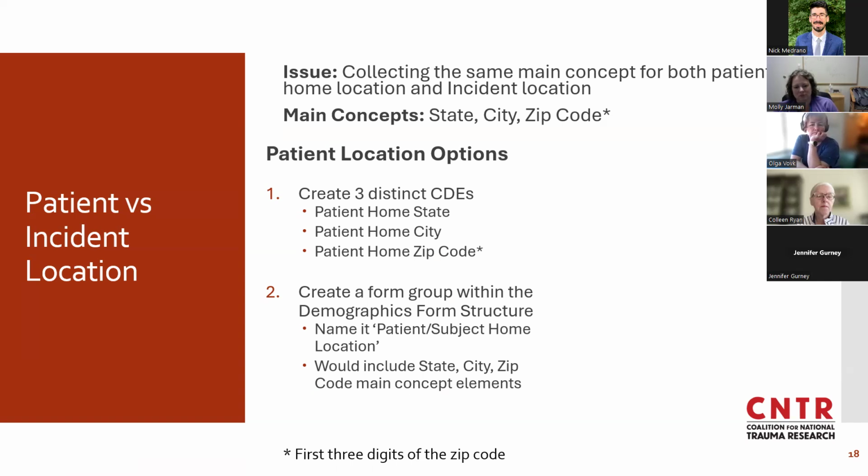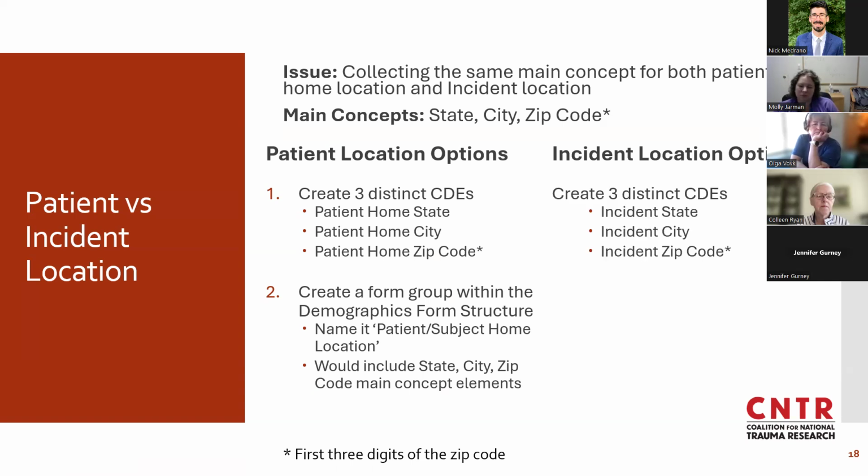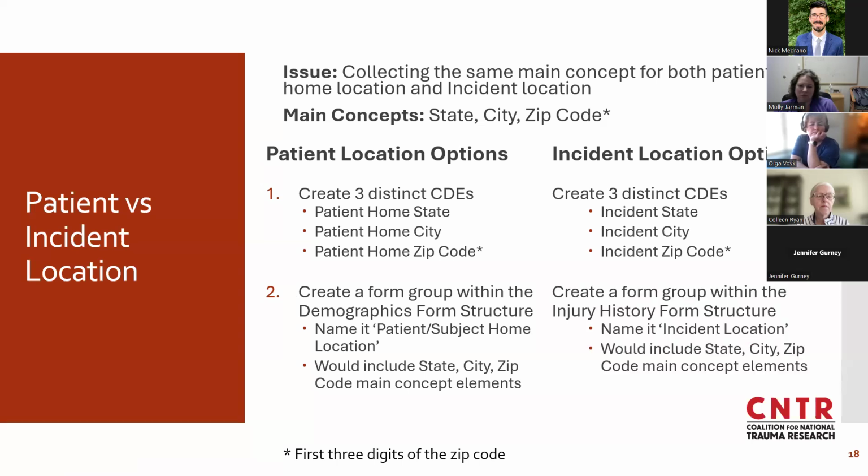And then the idea is we do something similar for incident locations, right? First option is we just create 3 CDEs, 1 for each, or we put something similar in the injury history. There's an injury history form structure. Once again, that form structure is going to have many different groups. We could potentially add this information to an existing group or create a completely new group that's just incident location and add that information in there.